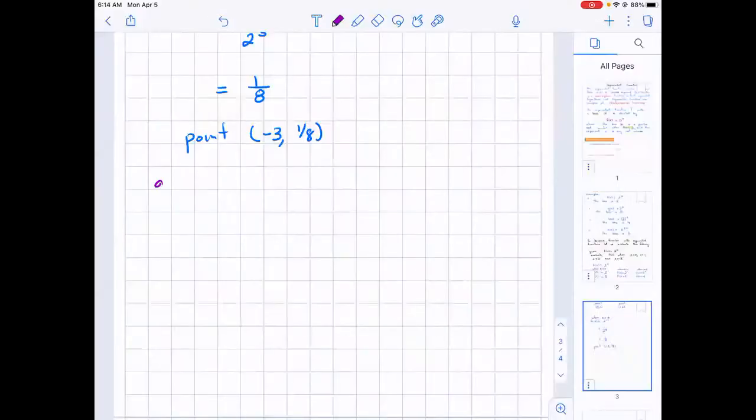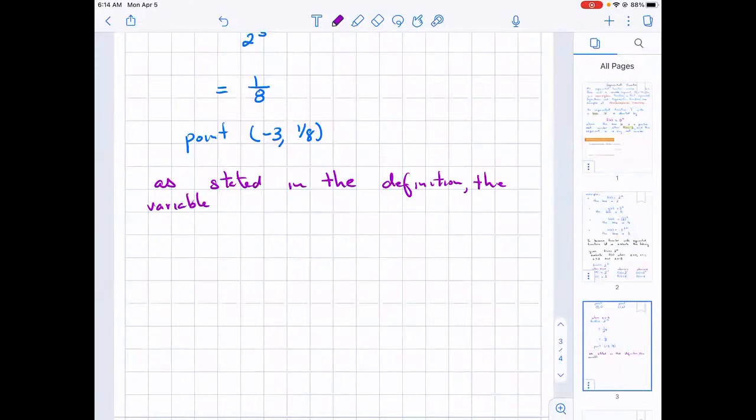So as stated in the definition, your variable exponent can be any number, meaning that it could be a positive or a negative number.